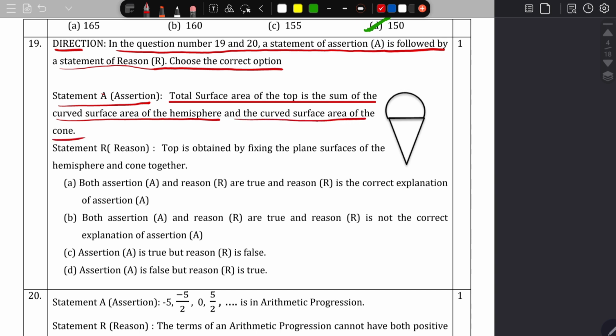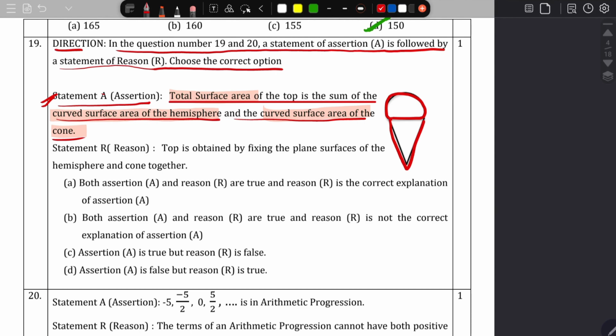The top has a hemispherical shape and a cone shape, so definitely the assertion is true.